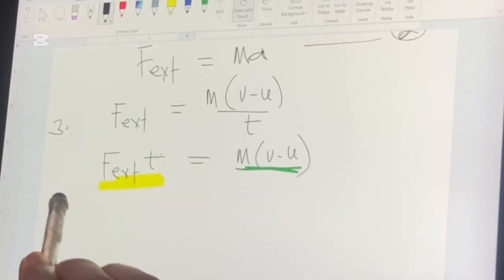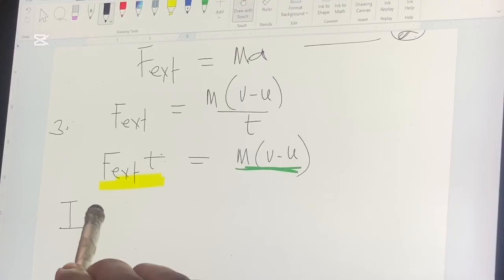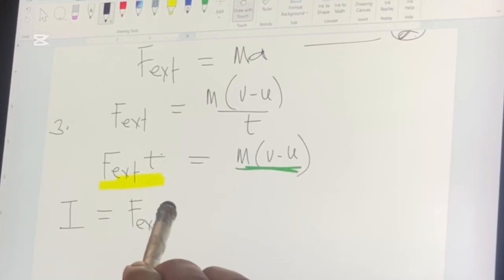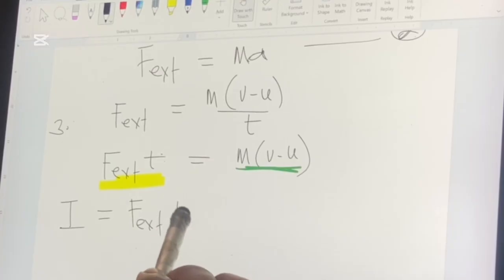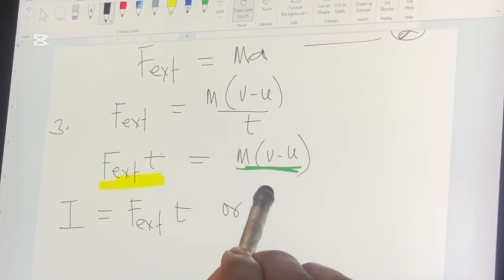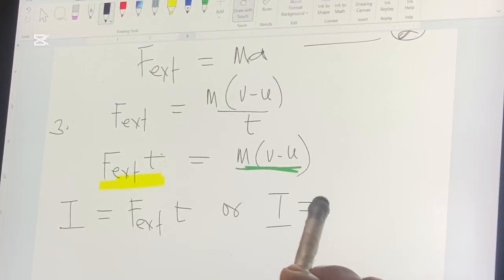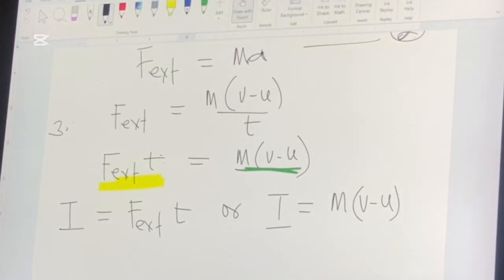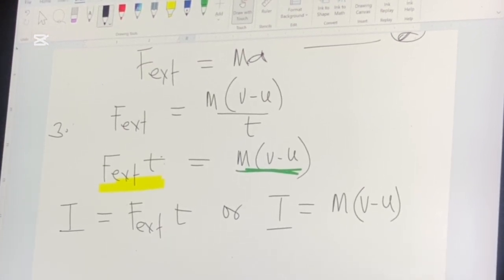So impulse can either be written as force multiplied by time, or impulse can also be written as change in momentum, which is mass times change in velocity. Please take note. These are the formulas we use to calculate most of the equations in Newton's second law of motion.